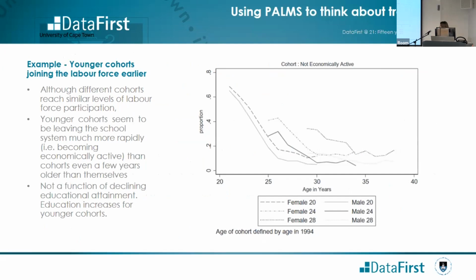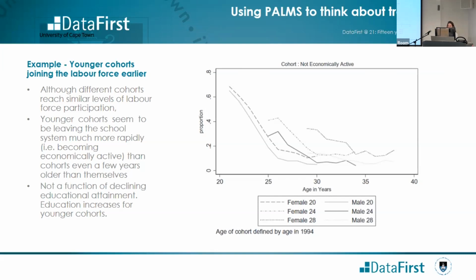And what you see here are a subset of cohorts defined by the age they were in 1994. This is not economically active. So you can see this drop in the proportion not economically active, and they're all reaching a similar minimum level.